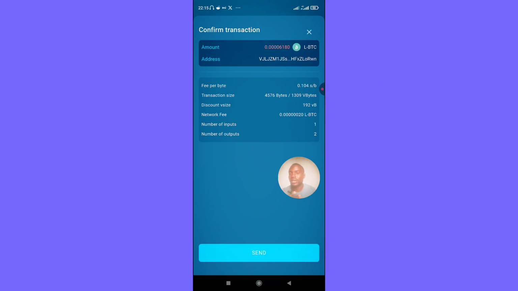That means that you are now interacting with only the liquid network, because when you are trying to peg out from liquid to Bitcoin L1, you see the minimum amount. There's a minimum amount that you need in order to do a peg in, peg out. But you can just use the pay feature, which simply means to send.